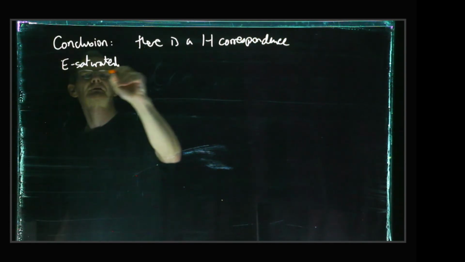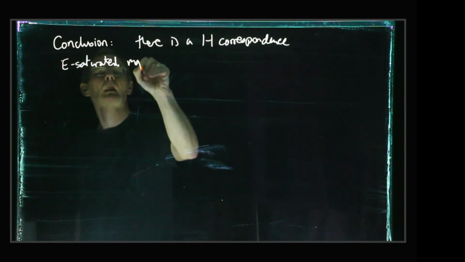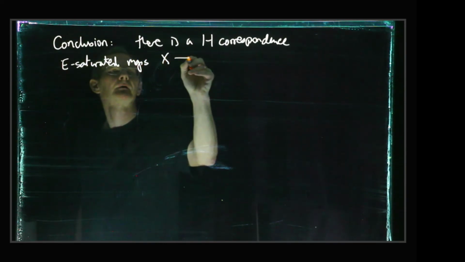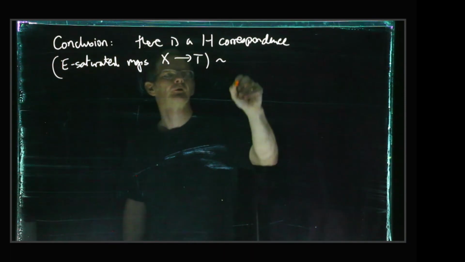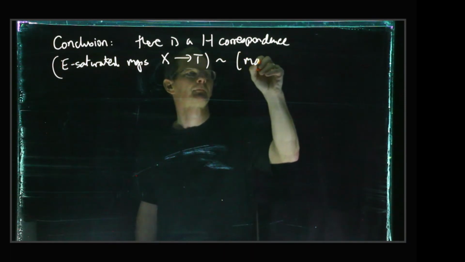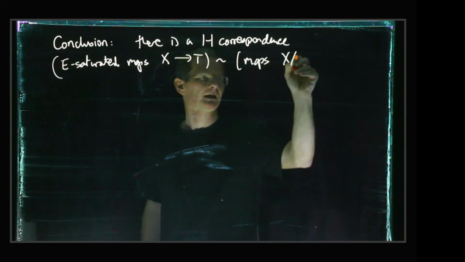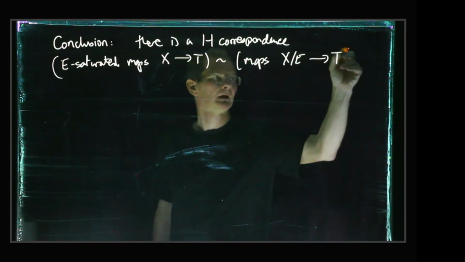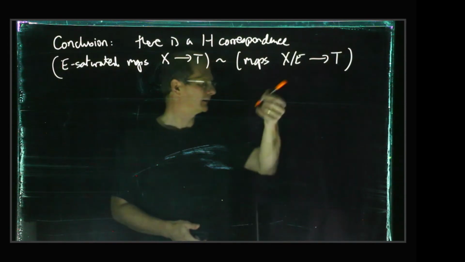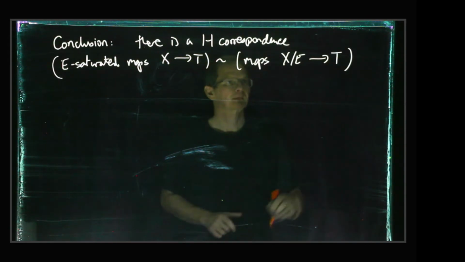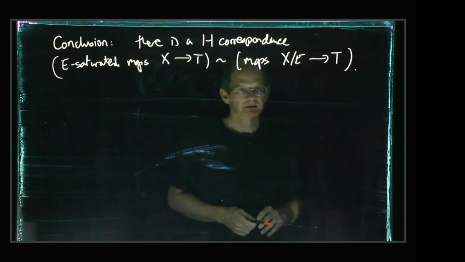E-saturated maps X to T correspond to arbitrary maps from the quotient set X mod E to T. This works for any equivalence relation E on the set X and any arbitrary set T.